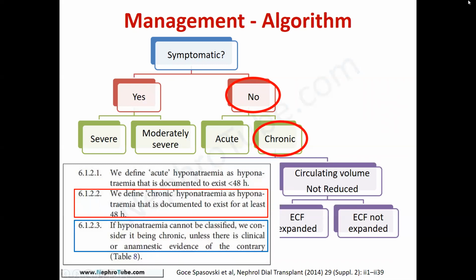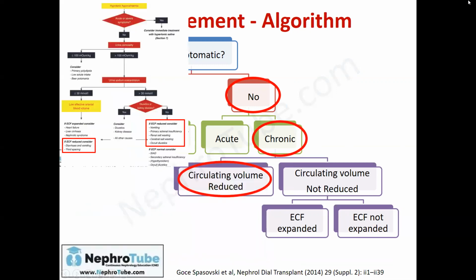If hyponatremia cannot be classified, meaning we don't know whether it is acute or chronic because we don't have a baseline sodium level, we consider hyponatremia as chronic unless there is clinical evidence of acute hyponatremia or severe symptoms. If the patient has chronic hyponatremia, it depends on the circulating volume. Is the effective circulating volume reduced or not?